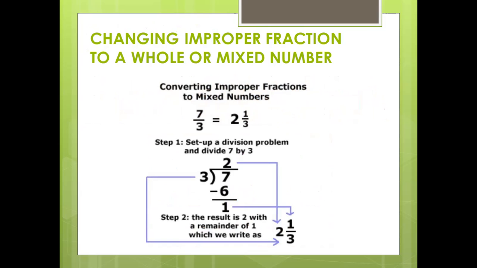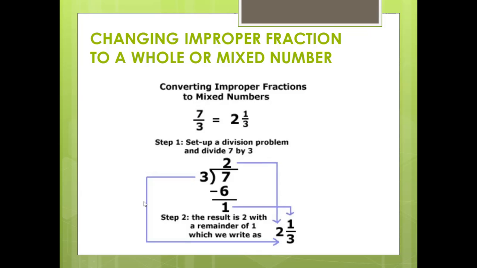And in solving problems, it is easier to work with an improper fraction than a mixed number. So to change an improper fraction to a whole or mixed number, we must divide the numerator by the denominator.